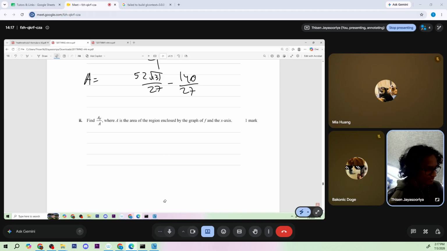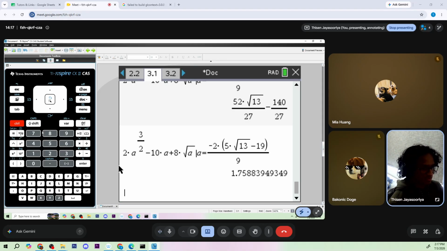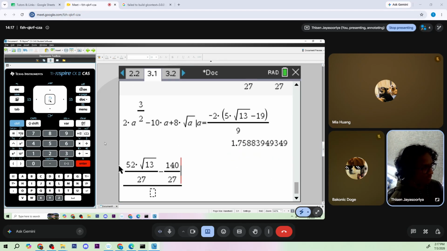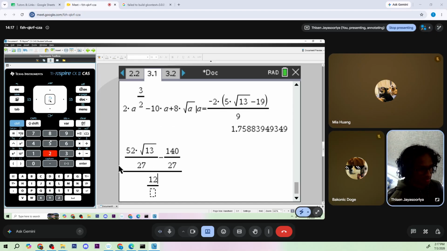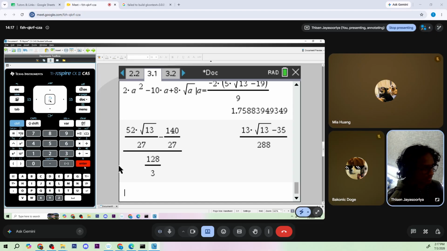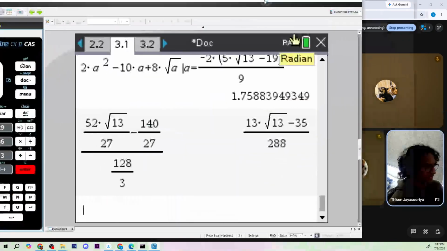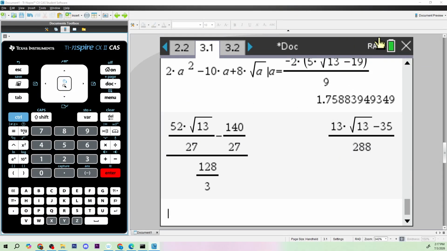If I do this whole thing divided by 128 over 3, I will get this ratio: 13 root 13 take 25 over 288. So there's that one. Now I have 43 minutes left of this exam.